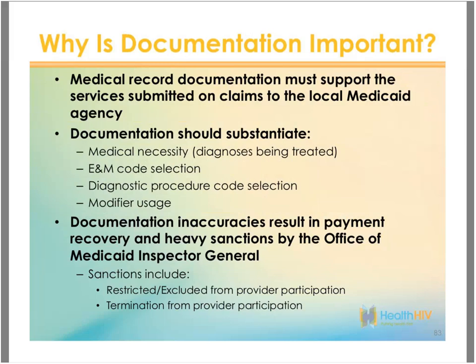So this slide just talks to you about why documentation is important. Medical necessity, E&M code selection, diagnoses, procedures, and modifier usage. Documentation inaccuracies result in payment recovery and heavy sanctions by the Office of the Medicaid Inspector General. You don't want to be a provider that's placed on a sanction or an excluded list.